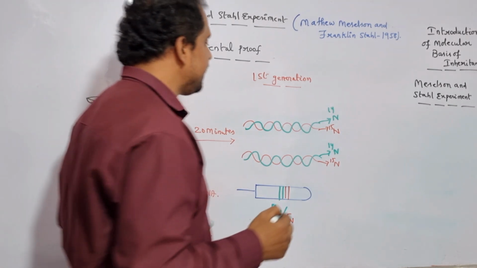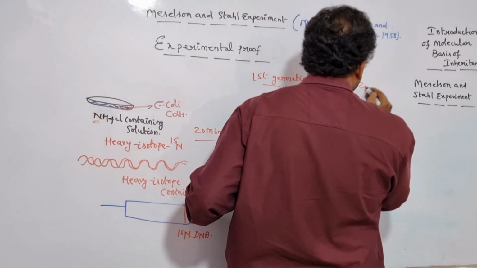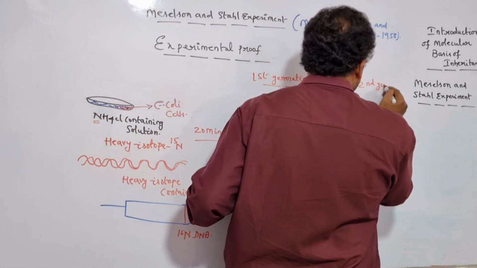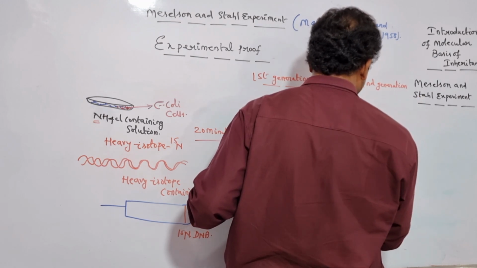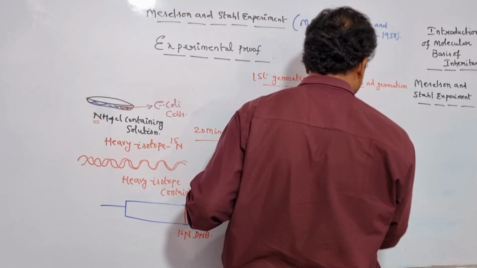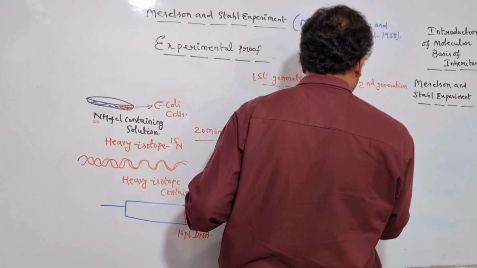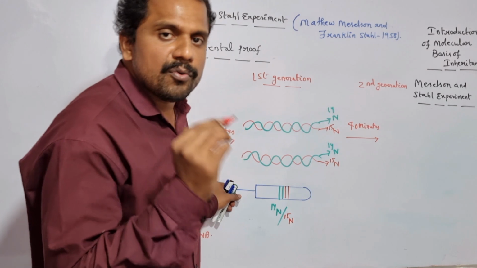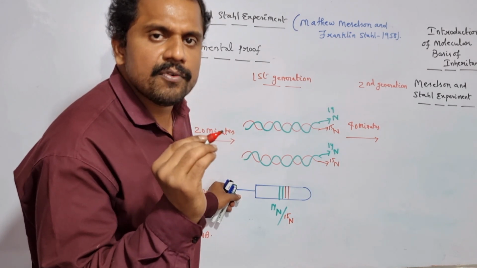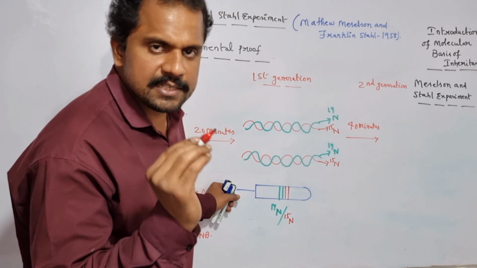But in the second generation, when the generation time was doubled, that means when the generation time had become 40 minutes, under such condition, instead of producing two daughter double-stranded DNAs, four daughter double-stranded DNAs were successfully produced.